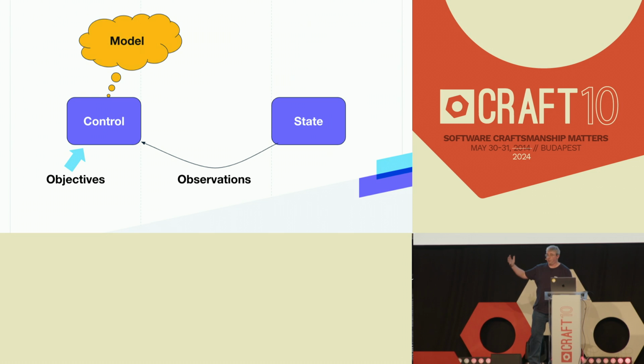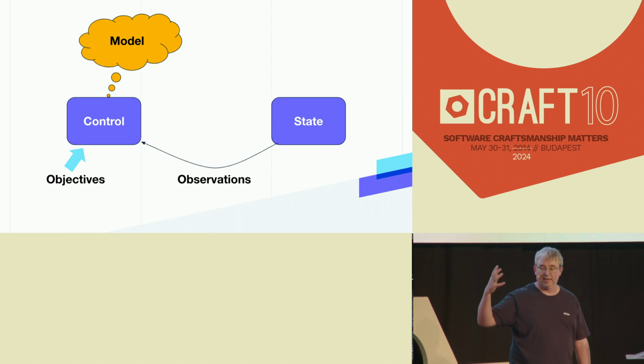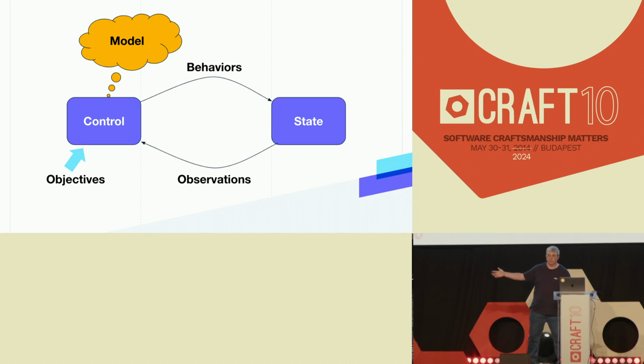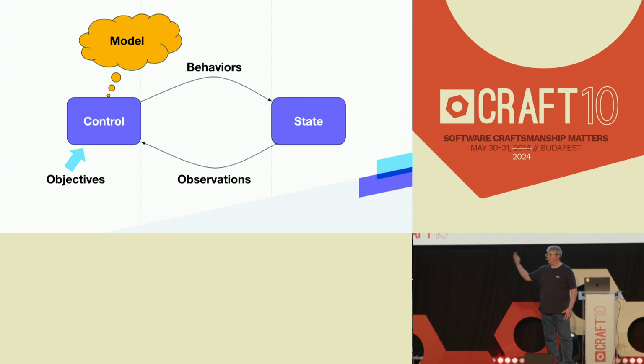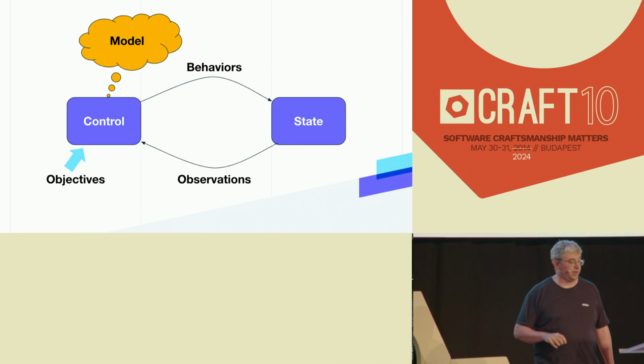And then the control system has to have a model. They have to understand that if I'm in this state, there are a series of behaviors I can take, you can think of these as commands, that will change the state. Because of my model, I can look at the state and hopefully move the system into a state that's more like what I want. And the idea is that I keep going round and round with this, and there's a whole branch of science called control theory that's all about how to do this.